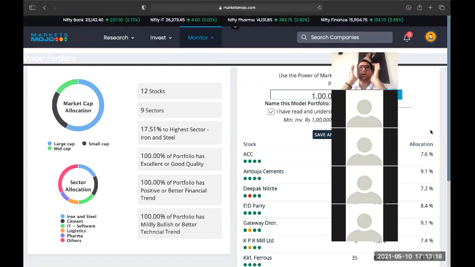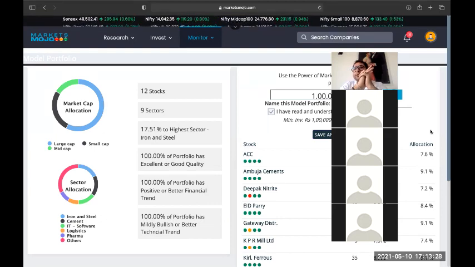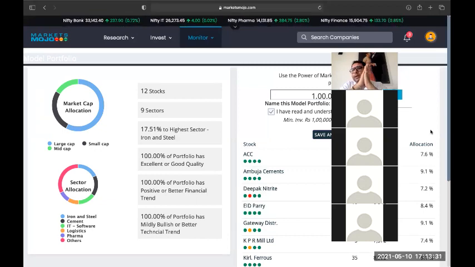You just have to wait for their email. They will send you an email informing you that ACC, due to XYZ reason, is not doing well, so please exit the stock. That's the simple email that you will get. If you are making a minor loss, say 1%, 1.5% loss, just book the loss and exit the stock.